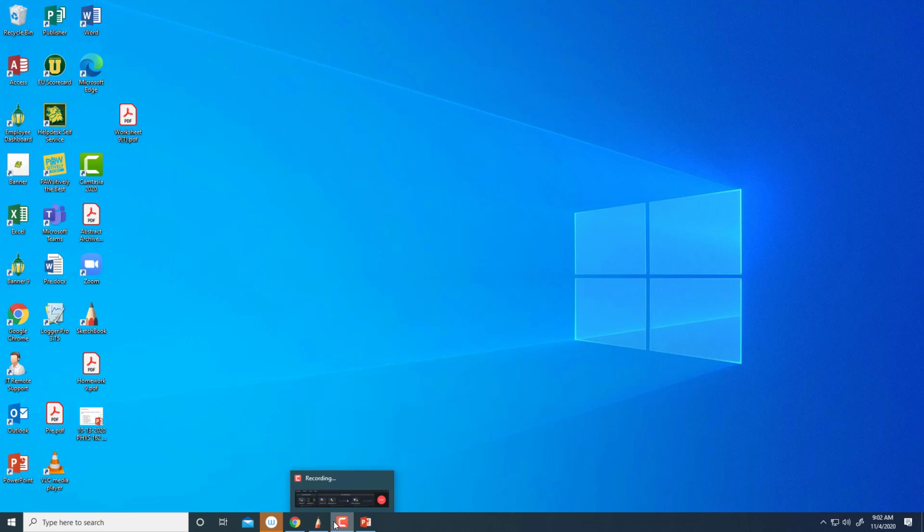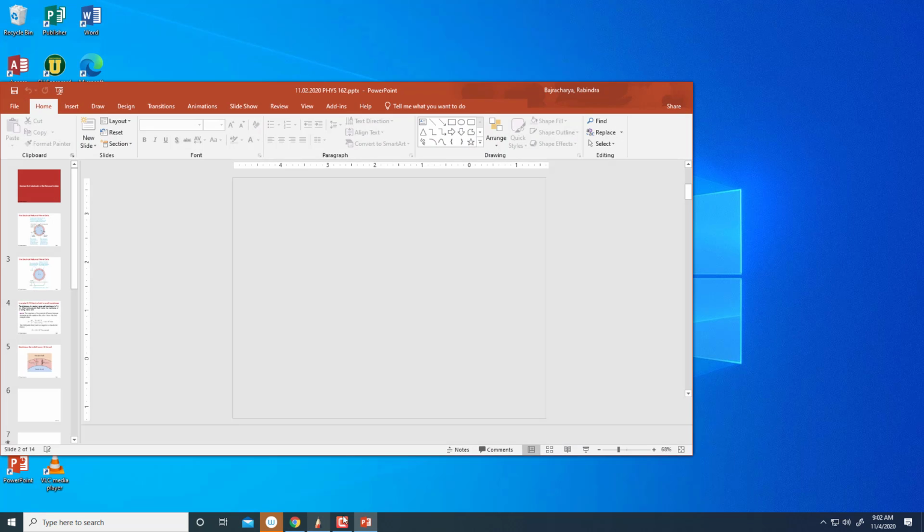And then we talked about the combination of capacitors and resistors, which we call RC circuit. And we saw the time constant for RC circuit. And then we also saw how charge is accumulated in RC circuit.